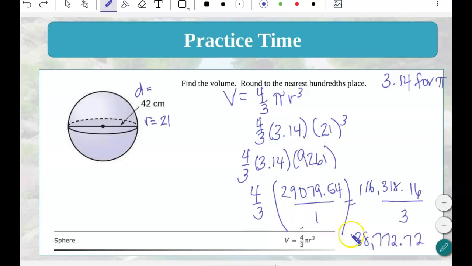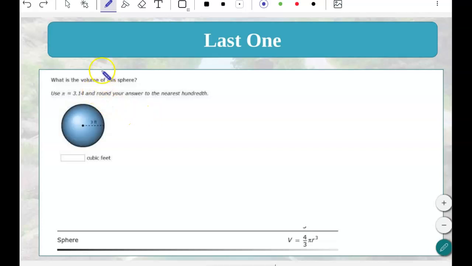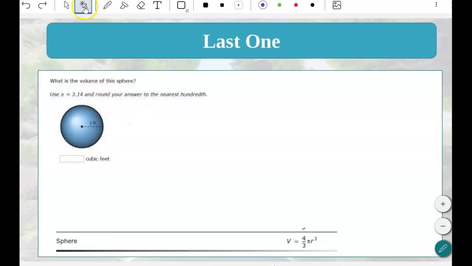All right, we're going to do one more for practice. Okay, so it says, what is the volume of the sphere? Use 3.14 and round your answer to the nearest hundredth. Oh, thank goodness it's smaller numbers. That's a 3 for our radius. So we have our formula.